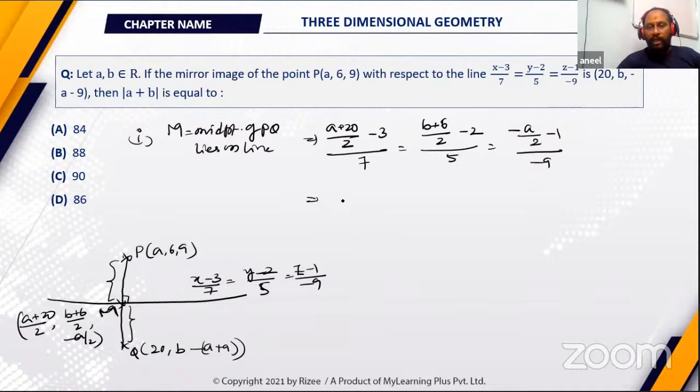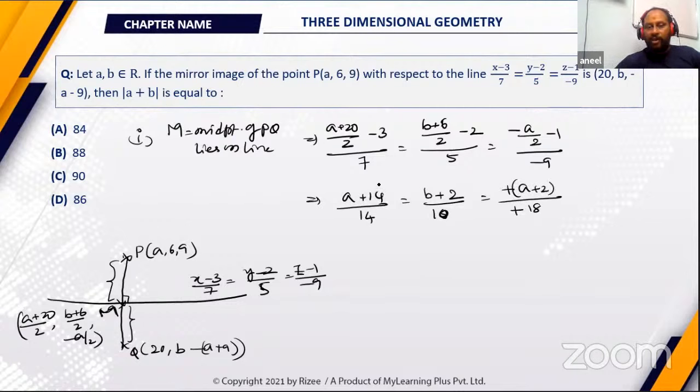So what am I going to get? (a plus 20 minus 6), that is (a plus 14), by 14, is equal to (b plus 6 minus 4), (b plus 2), by 10, is equal to minus of (a plus 2) by minus 18. So minus minus cancels.